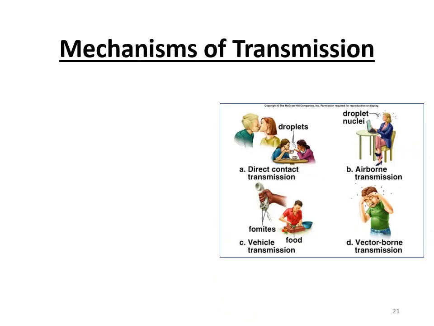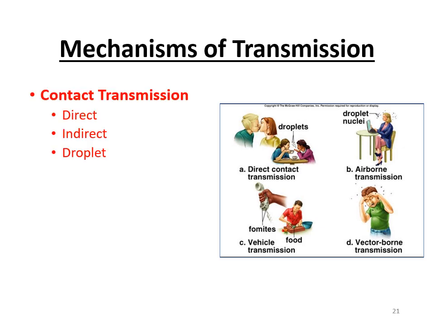Now, when you think of the spread of the disease from those reservoirs, there are various mechanisms by which the infection can be transmitted. The first one is contact transmission. Contact transmission means that you have either touch or close contact, and it can be broken down into 3 different types: direct, indirect, or droplet contact transmission.